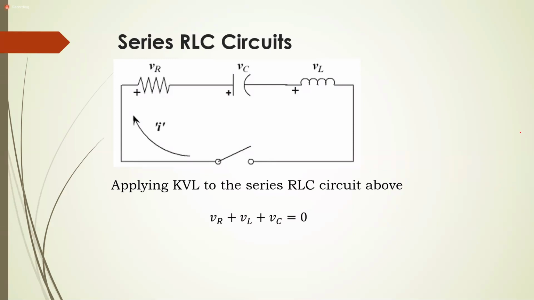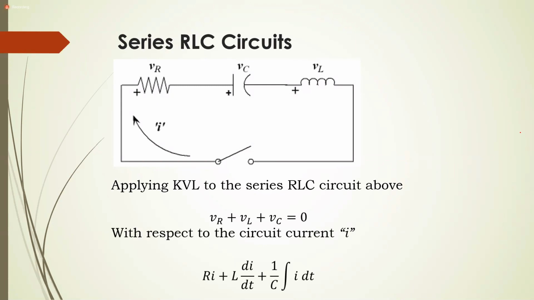For the resistor, the voltage at any point in time would be equal to the resistance times the instantaneous current.